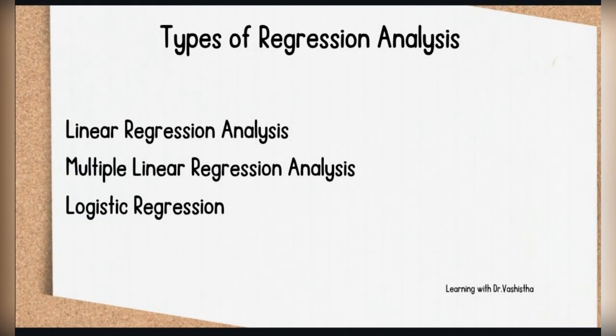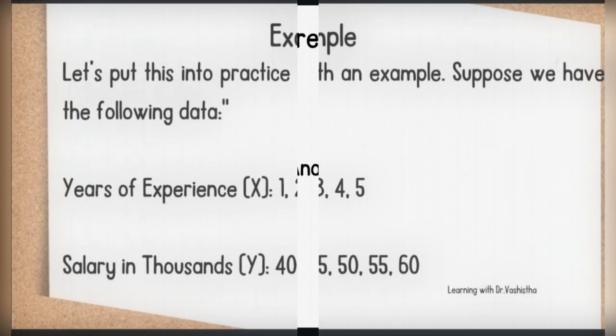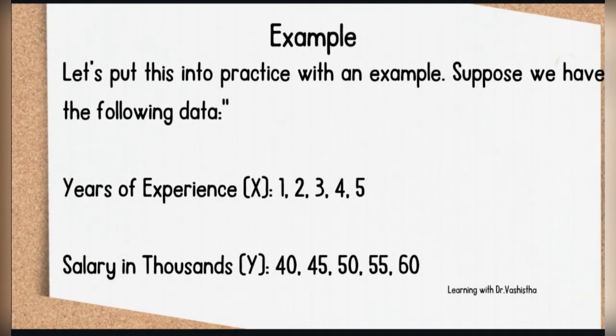These are the 3 basic types of regression analysis: linear regression analysis, multiple linear regression analysis and logistic regression. Now we have taken an example to show how this entire thing works.